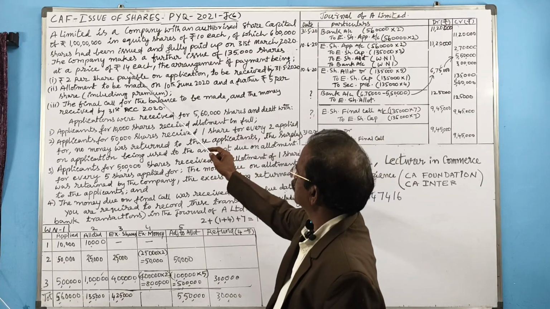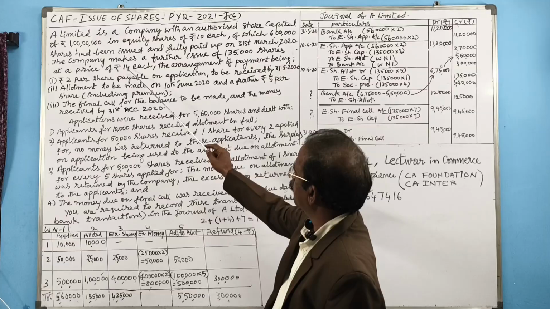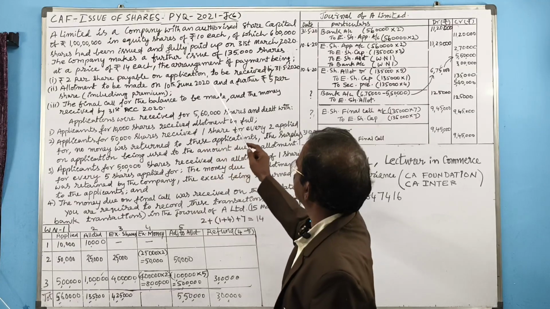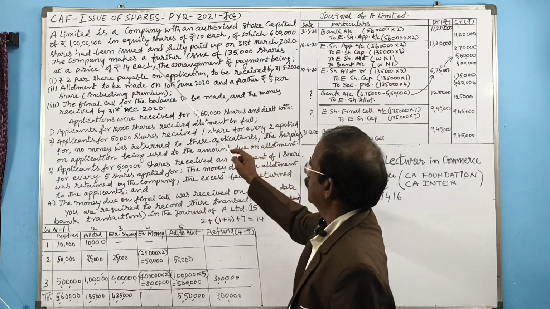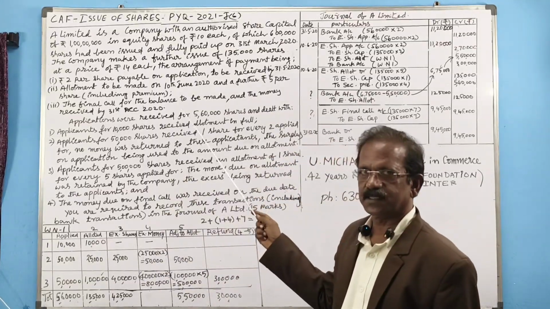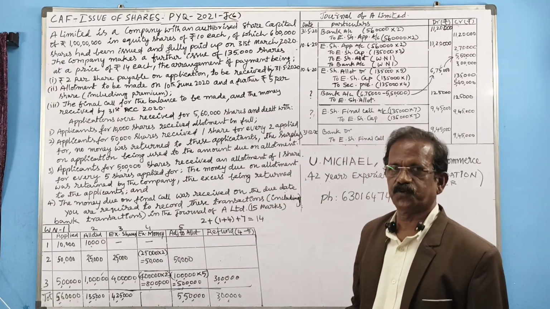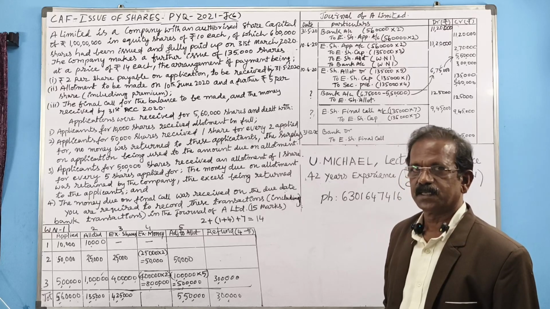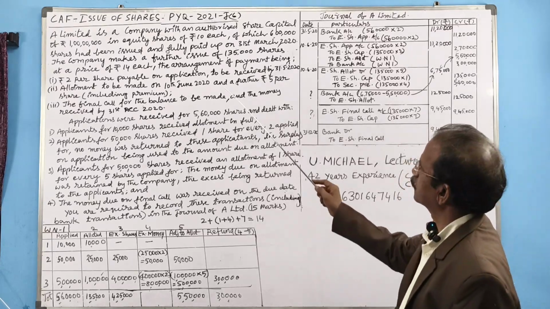It means there is a premium included, because the face value is 10 rupees and the issue price is 14 rupees. 14 minus 10 equals 4 rupees is the premium, the securities premium.